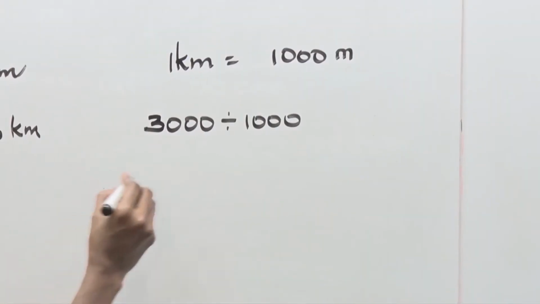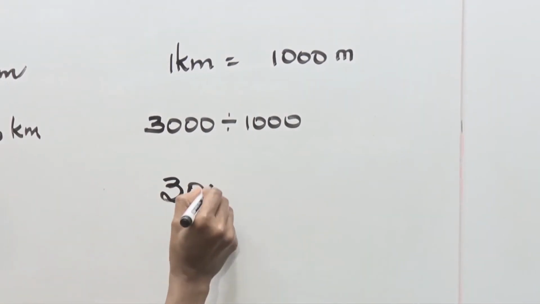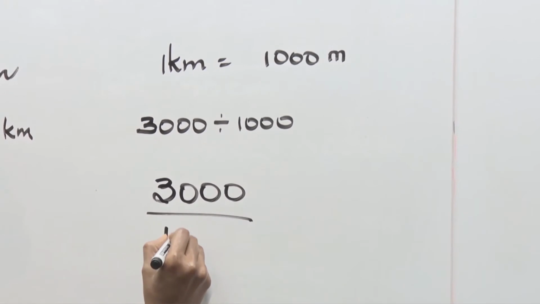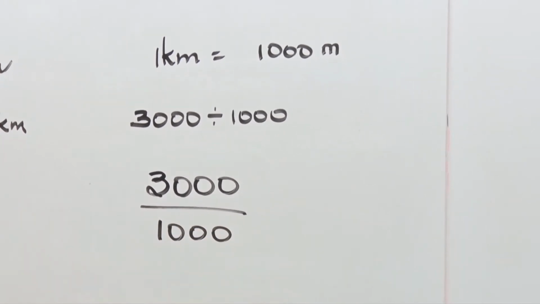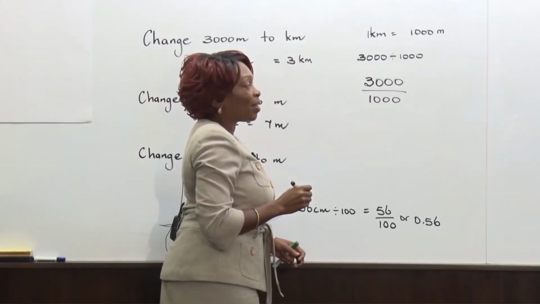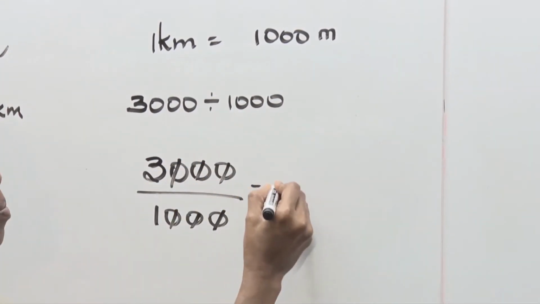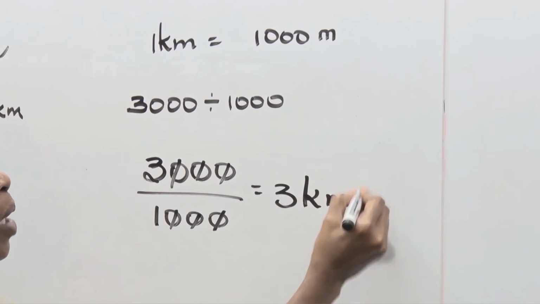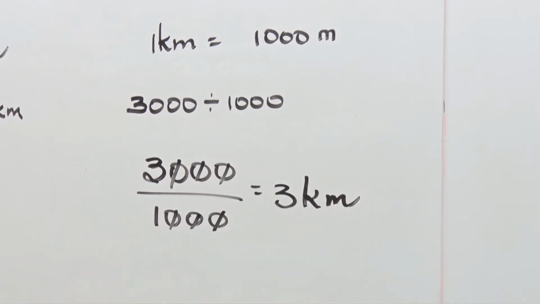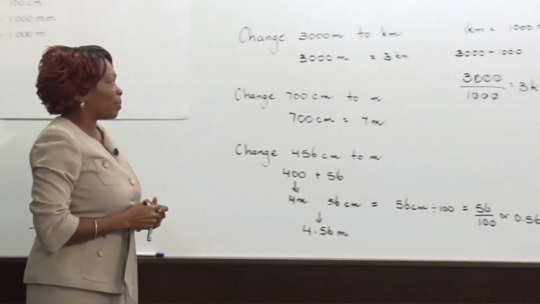Let's go ahead. 3,000 divided by 1,000. Our answer is 3 kilometers. Let's look at the next one.